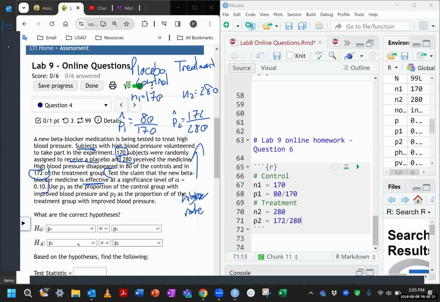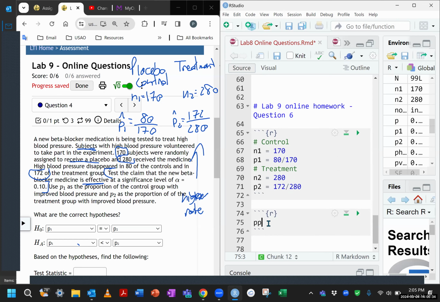Okay. So to proceed, we now need to take into account the fact that this null hypothesis, we're going to assume it's true. So if that's true, we're going to assume these two proportions are coming from the same group. So I'm going to find my pooled proportion. So that's going to be the total number of successes. So 80 in the first group plus 280 in the second group divided by the total number of people. Looks like 170 plus 280. So successes divided by total number of cases.